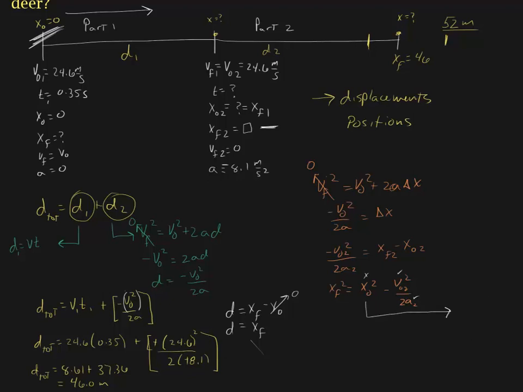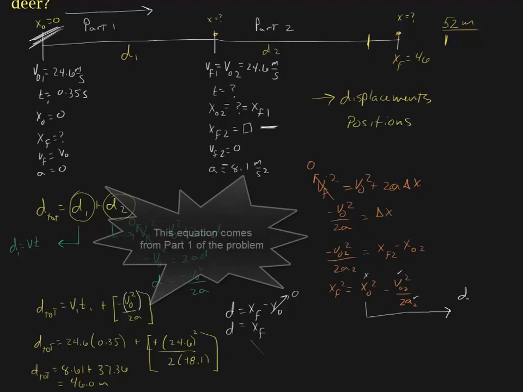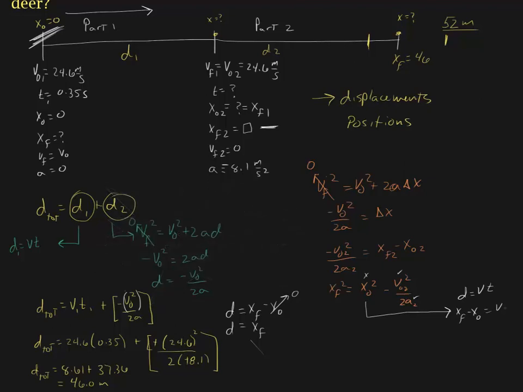Just over here, just showing our work, we know that d is equal to vt, but d is really x final minus x initial is equal to vt. All of these quantities here relate to the first part of our motion, d1, right? So we could say that this is a d1, this is a v1, that's a t1. X initial of part 1 is 0, so we get x final of part 1 is equal to v1 times t1.